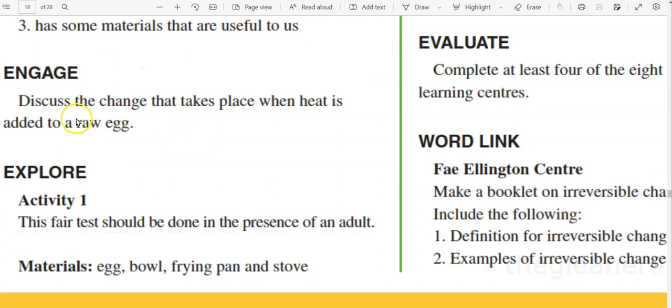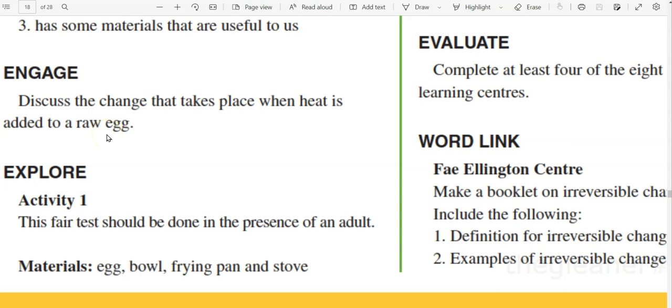Engage. Discuss the changes that take place when heat is added to a raw egg. Now, let's think about this egg. Liquid. After we heat this egg, if we boil it, add heat to it by boiling, we can get a hard-boiled egg.